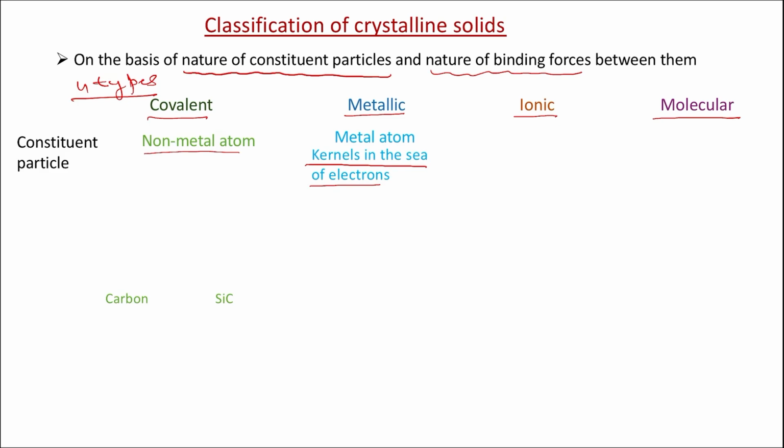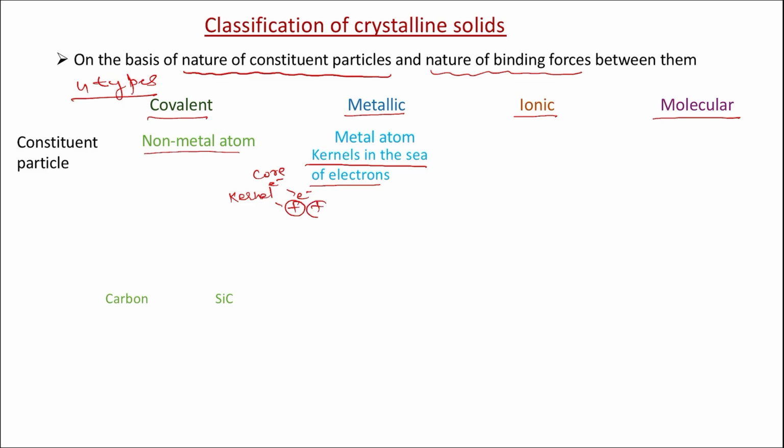Means we know metals have the tendency to lose electrons. So suppose an atom loses the electron; this is called the outermost electron, this is called the core electron, and this portion is called the kernel. This positive species is known as the kernel.